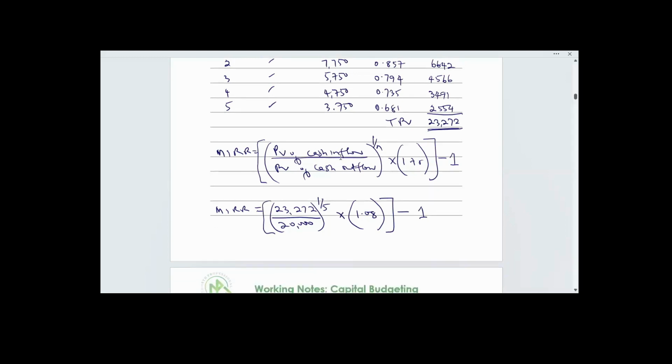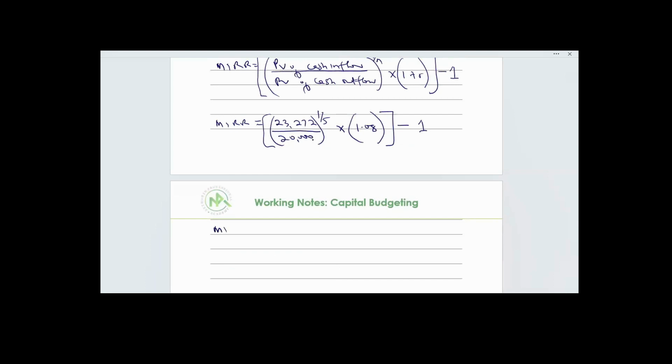You can see it's not difficult. I would then say modified internal rate of return equal to, I'll bring out my calculator to say 23,272 naira divided by 20,000 equal, that's 1.1636, raised to power 0.2 equal, that's 1.03 whatever, then multiply by 1.08 equal, minus 1 equal, multiply by 100 equal 11.32%.